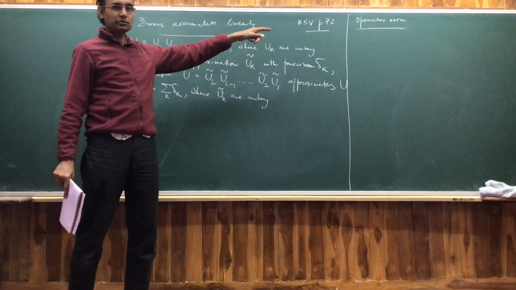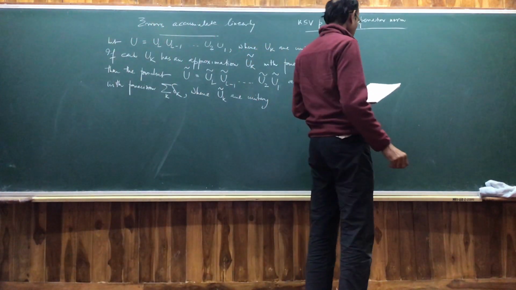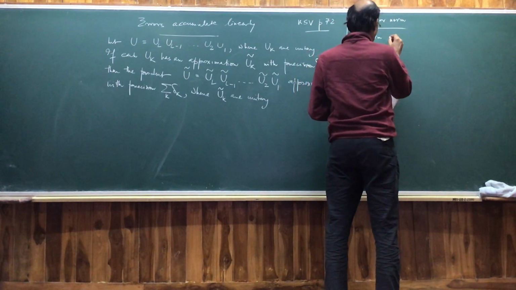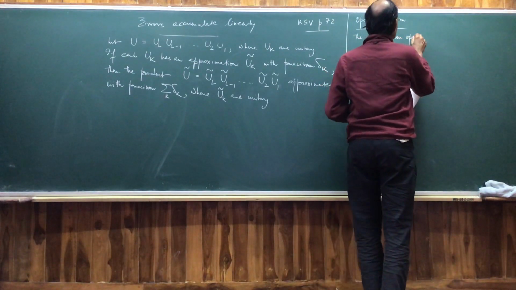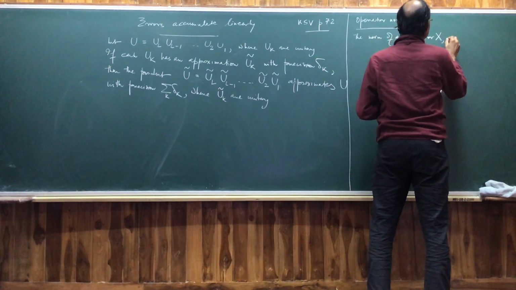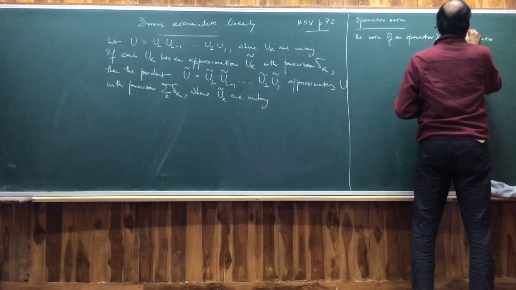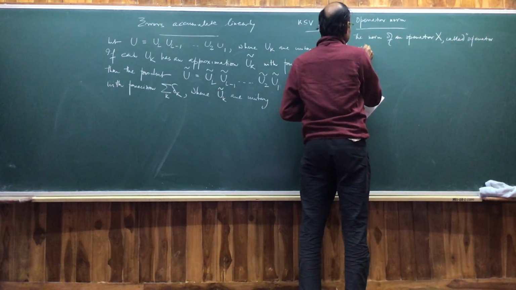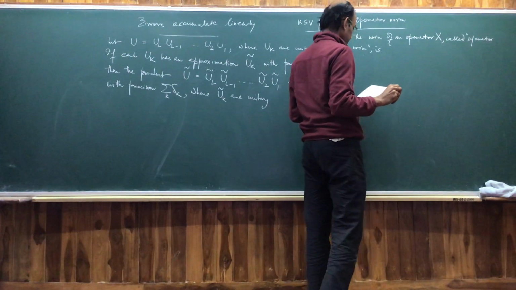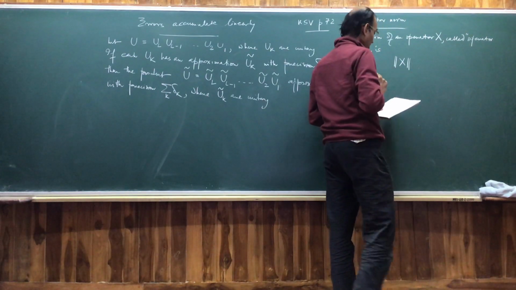That distance I will get through a norm, and that norm I will call the operator norm. The norm of an operator X, called the operator norm, is denoted by this, like for vectors.